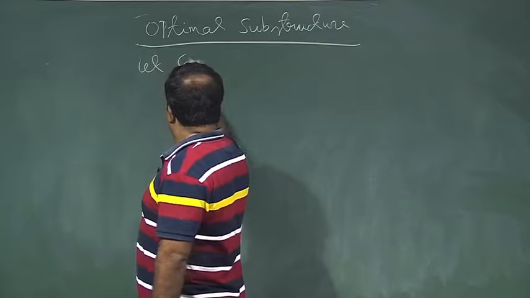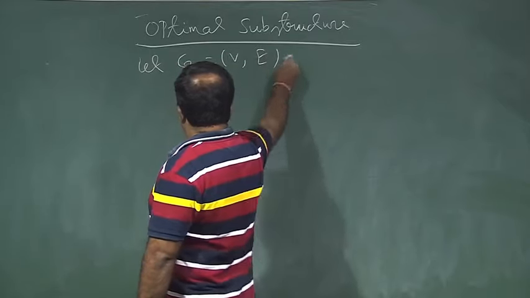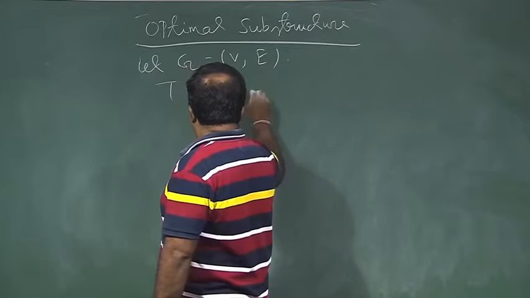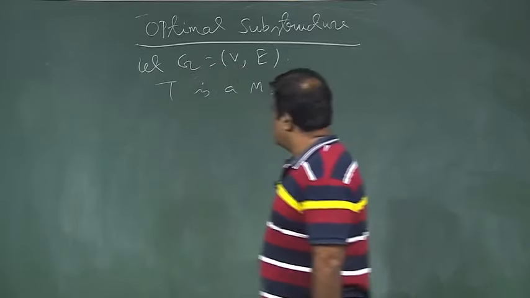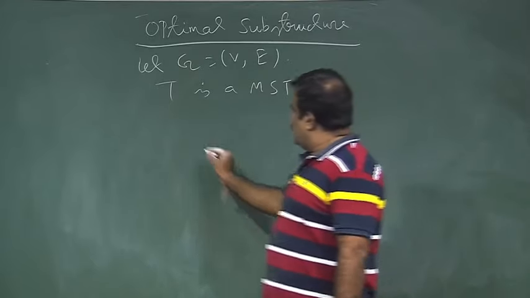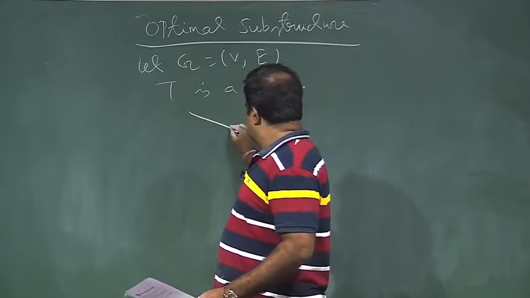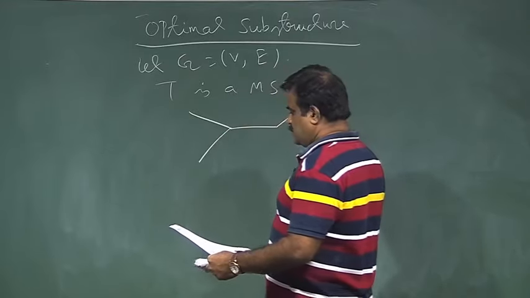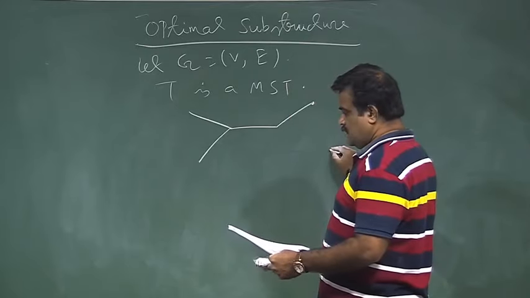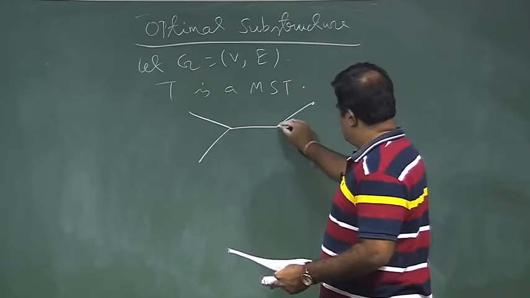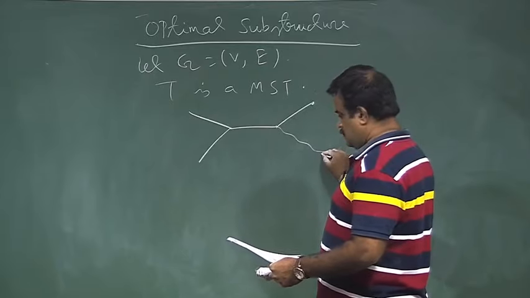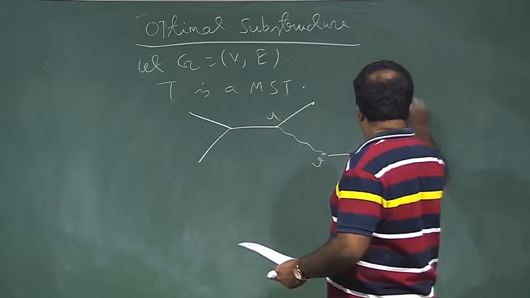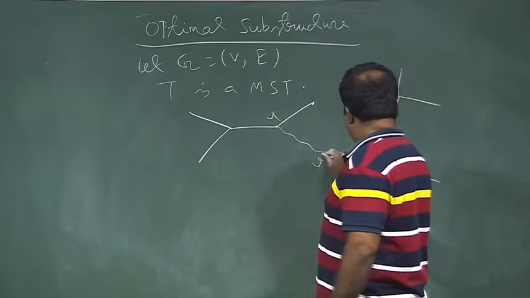Let G be a graph, and suppose T is an MST, with an edge UV in it.